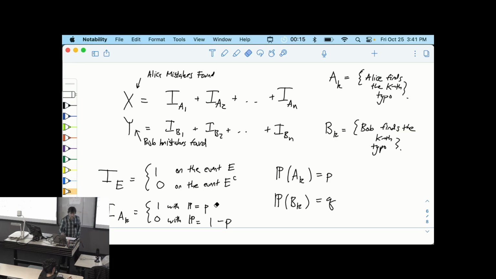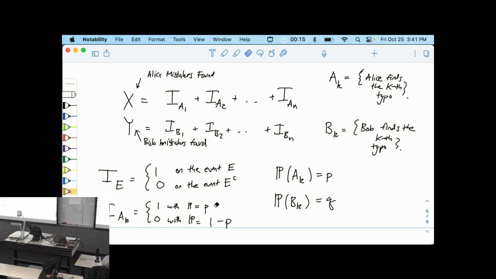Okay, so p is Alice's probability, q is Bob's probability, and I have these events that are either 1 or 0, and I've encoded them. I've used these notations to write down the events. Before we didn't need the names of the events, so it was okay to just write down I1, I2. But now I need the events themselves. You'll see why in a second.